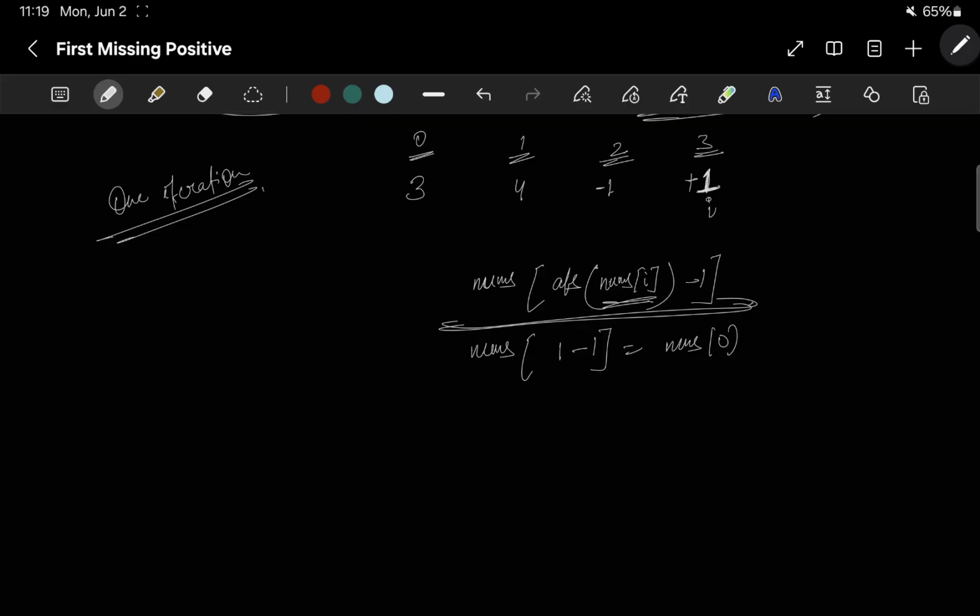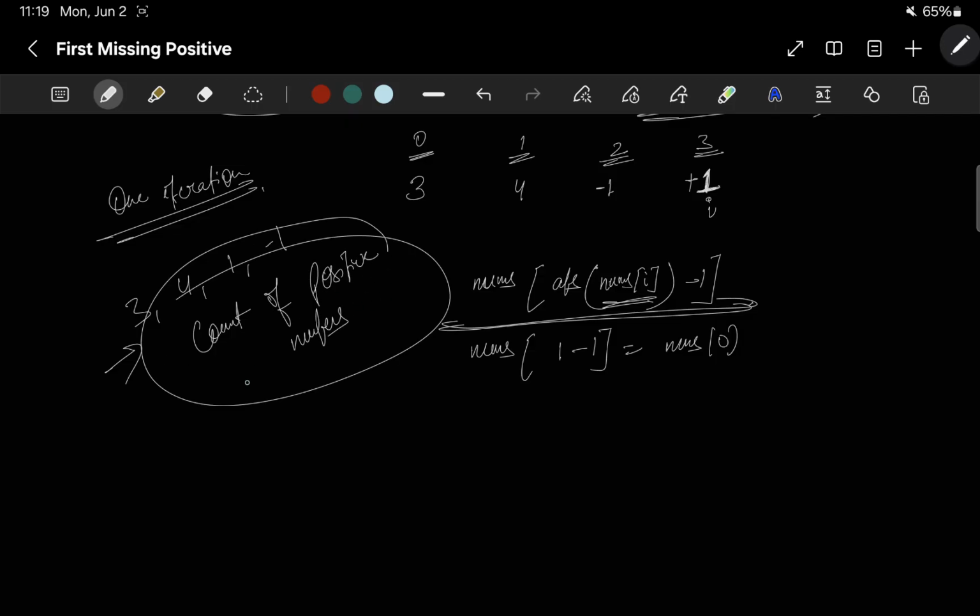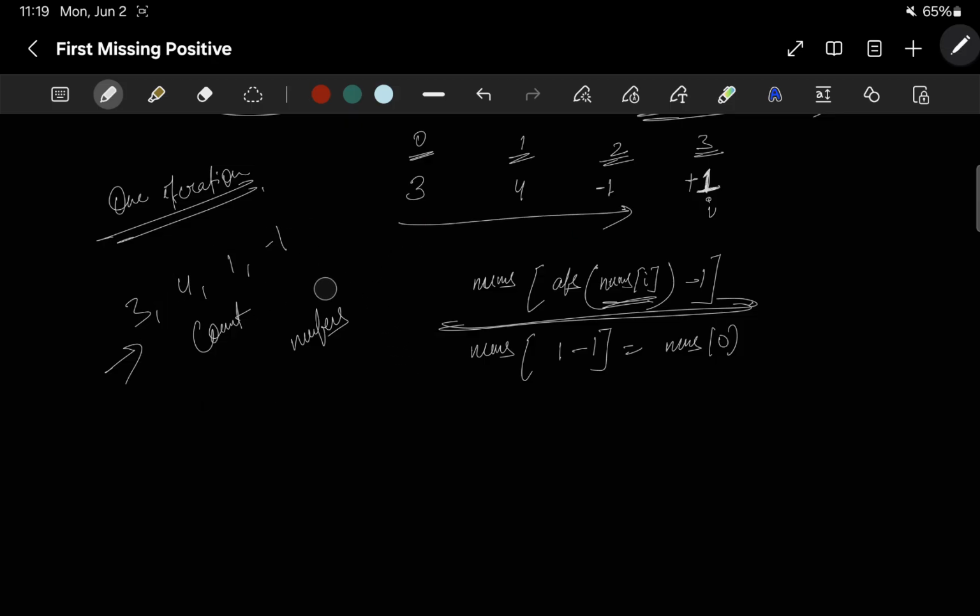So that's why what we should do initially, when we had this array 3, 4, 1 and minus 1, is another iteration. Before this happened, we do another iteration and find the count of positive numbers. We start our iteration and only go till the point where the positive numbers are.